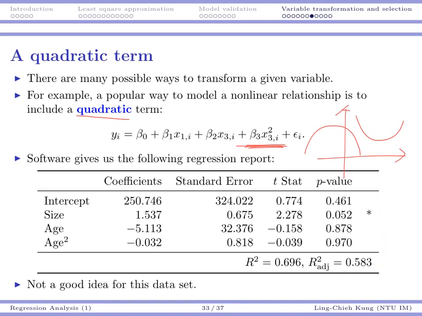We can see that, oh, not good, because only 1 star here. Size is still significant, but not as significant as in the past. Plus, age and age square, they are just useless variables, right?